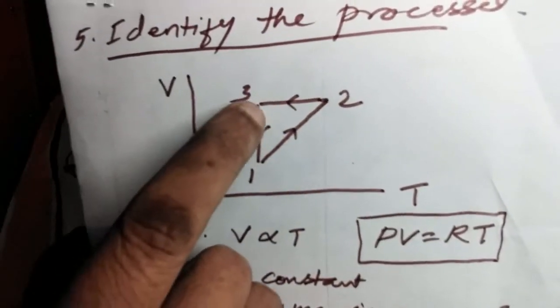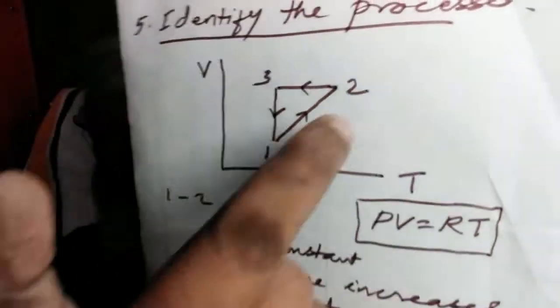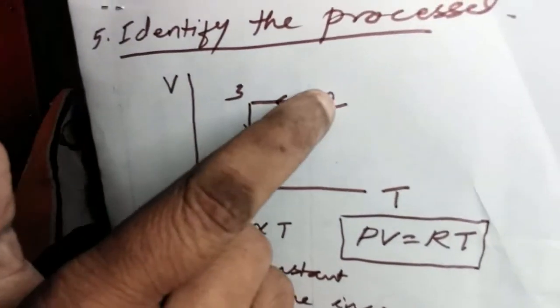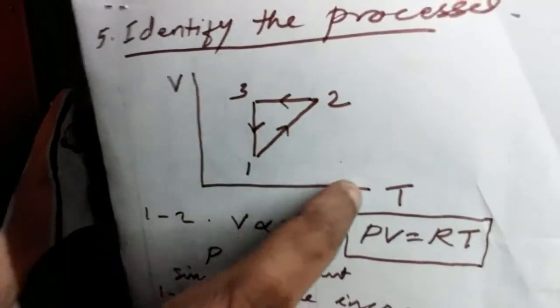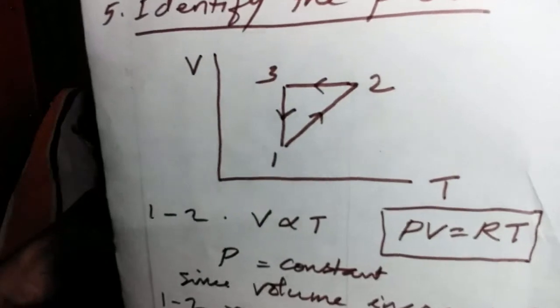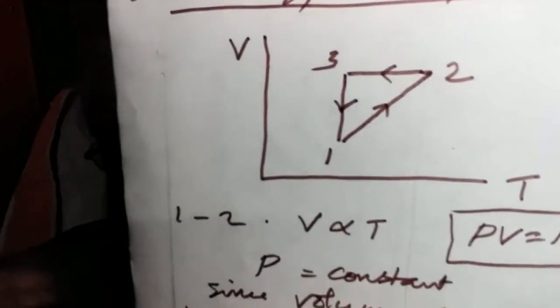At the same time, temperature is decreasing. 2 to 3, the arrow is towards this. Temperature is decreasing. So this represents isochoric cooling. Temperature is reduced. Volume is constant. That means isochoric cooling. That is the process represented by 2 to 3.